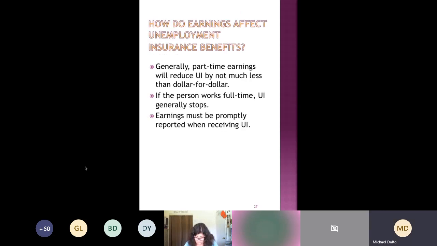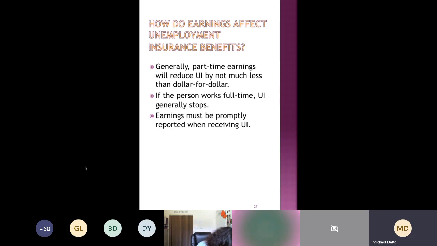So how do earnings affect UI benefits? Well, generally, if a person goes back to work full-time, their UI benefits will stop because UI is designed to just tide people over until they go back to work full-time. If a person goes back to work part-time, then their earnings will reduce their UI, and it's usually by not much less than dollar for dollar.